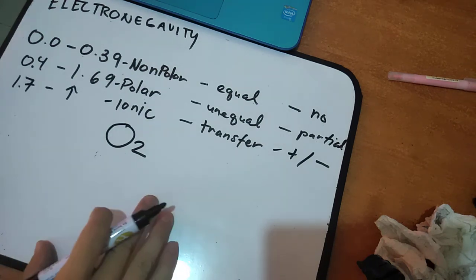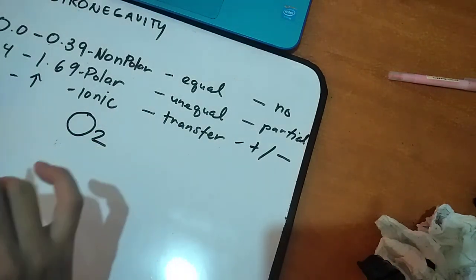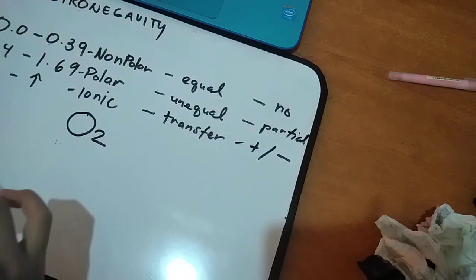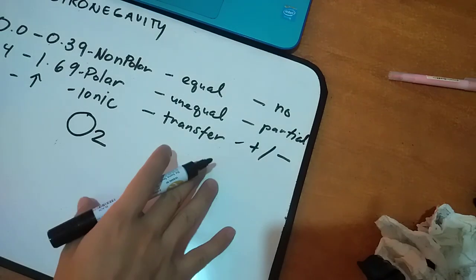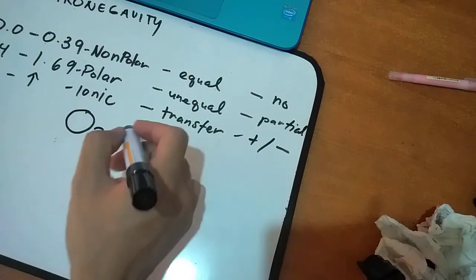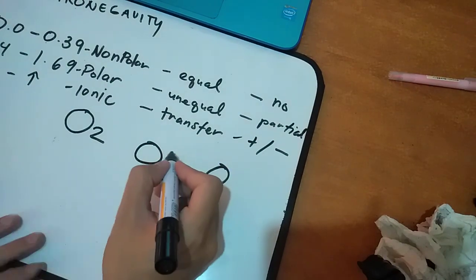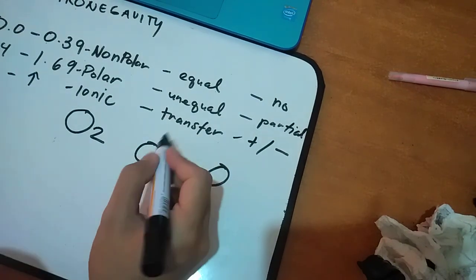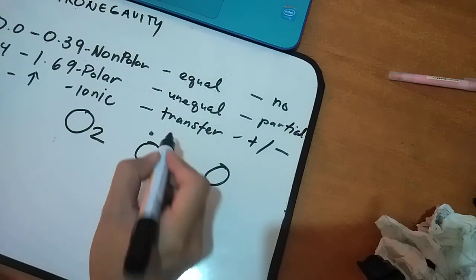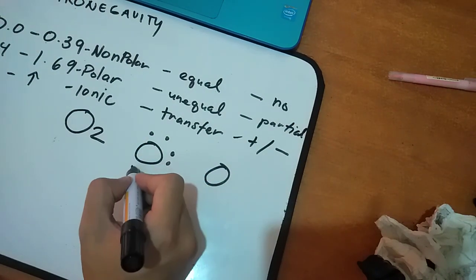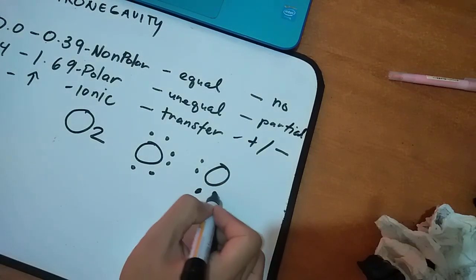If you would see, kung gagawin ko yung configuration niya, yung Lewis dot structure niya, it would look like this one. So, oxygen and oxygen. Oxygen is a member of group 6 elements. So, practically, they have 6 dots. Dalawang oxygen kasi meron.